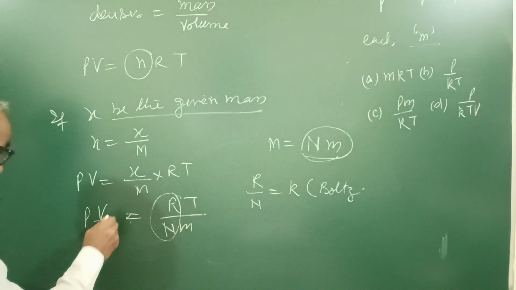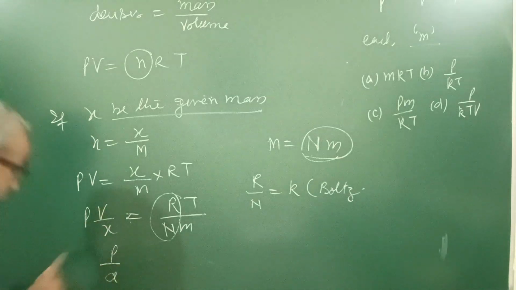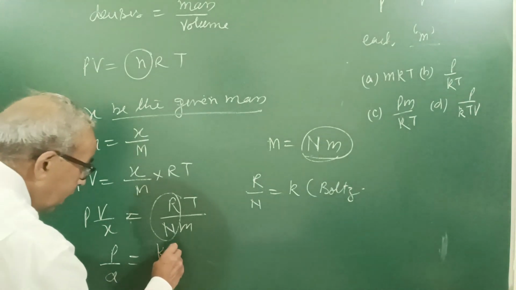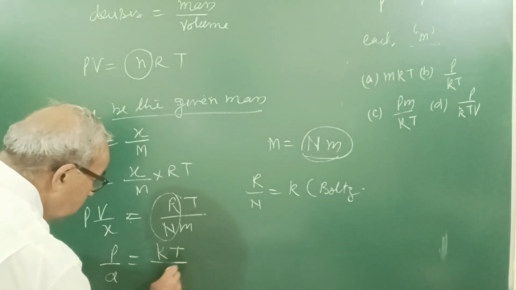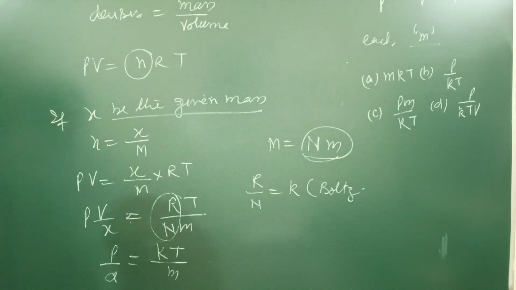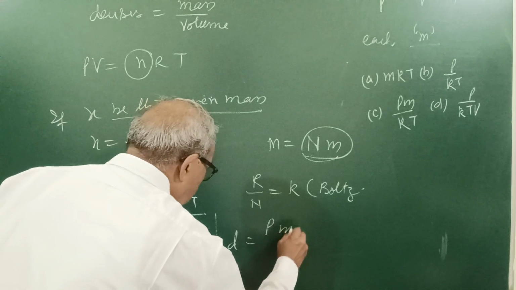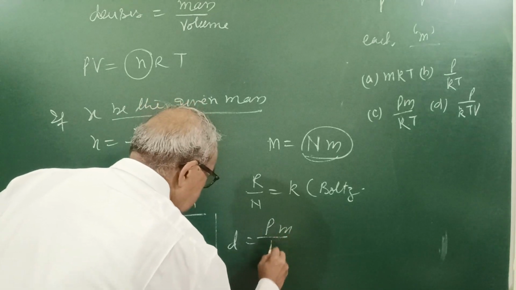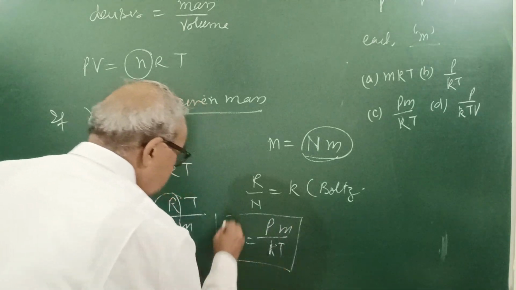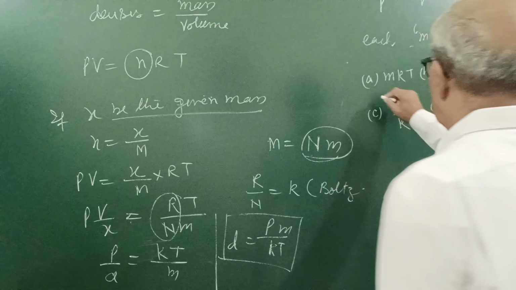So we can write P upon D, where D is mass upon volume density, equals kT upon small m. So density of gas D equals Pm upon kT. So which answer is correct? C.